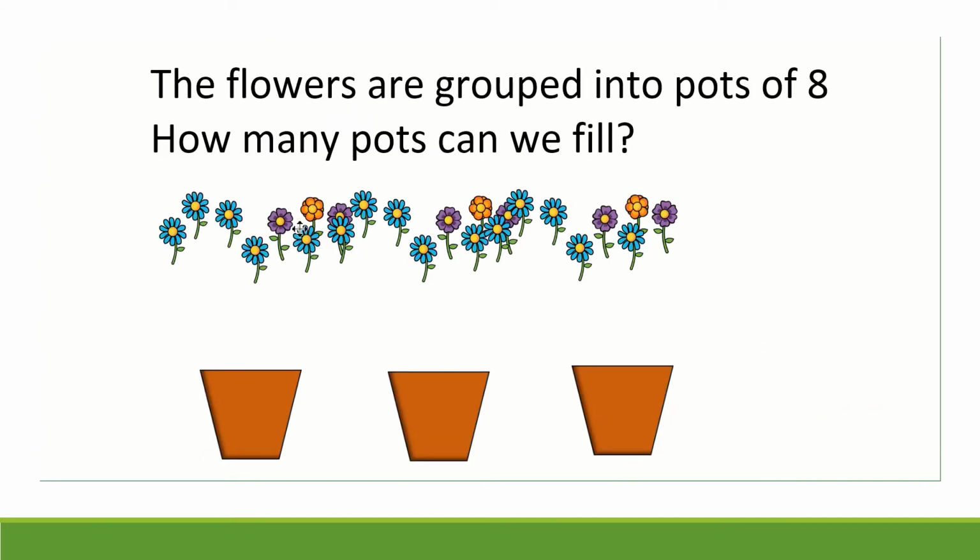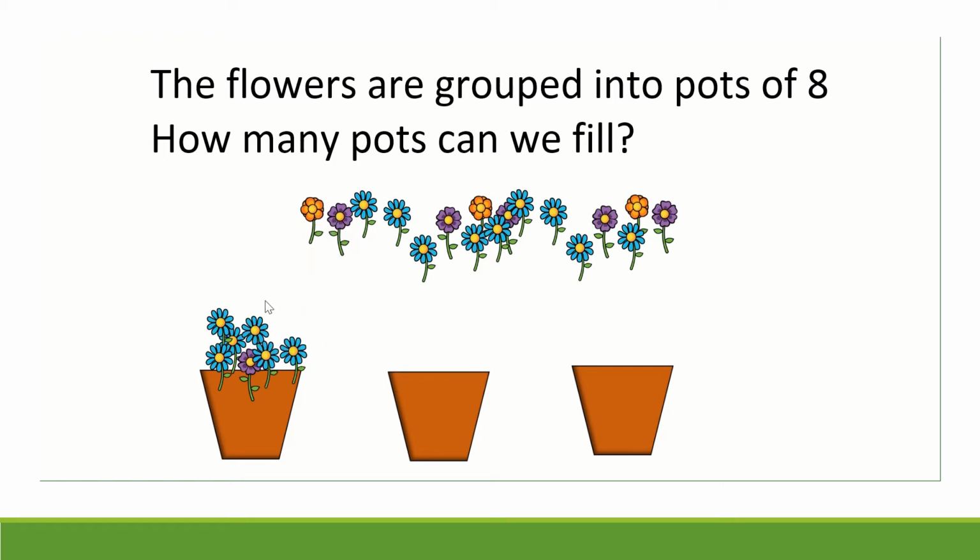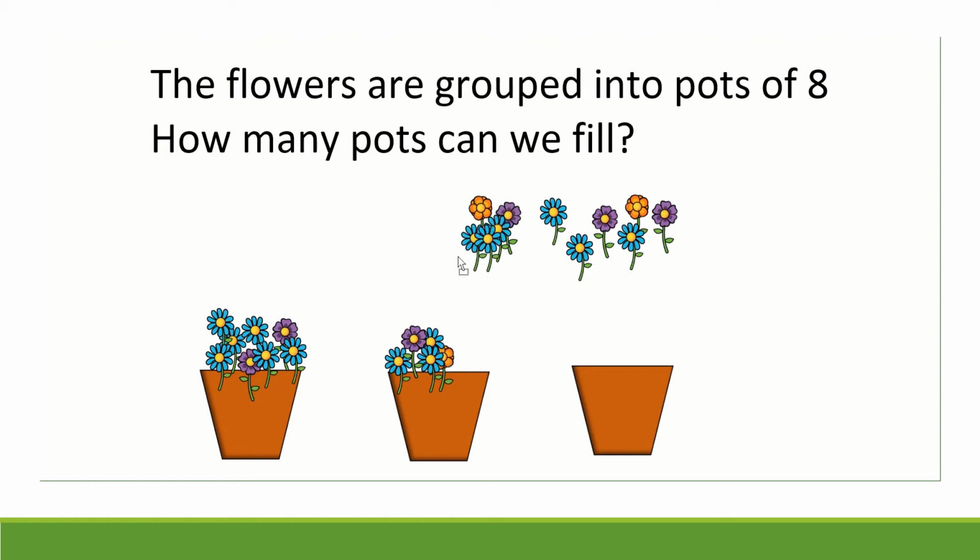We can also group the flowers into pots of 8. So let's have a look and see. So we need 8 in each group. So 2, 3, 4, 5, 6, 7, 8 and 8 again. 1, 2, 3, 4, 5, 6, 7, 8.